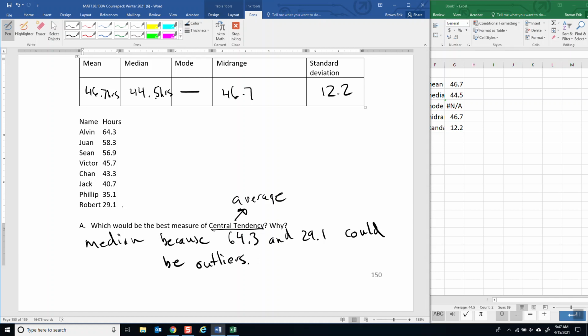You're just trying to evaluate, does it look like the data values are close together, or are they far apart? Are there outliers? That's really all you're looking for. If there's outliers, median is your best choice. Remember, the median is resistant to outliers.